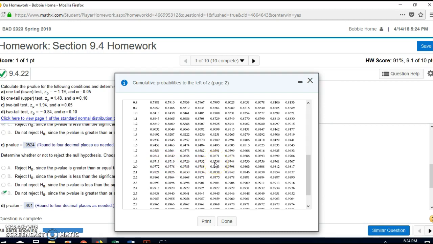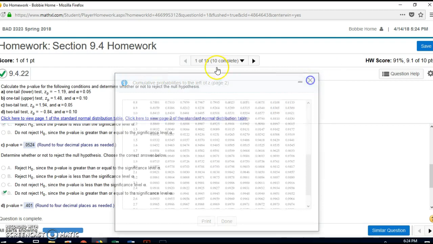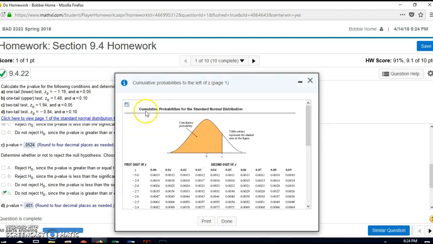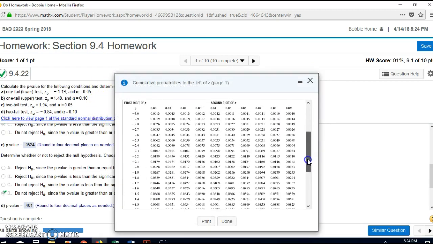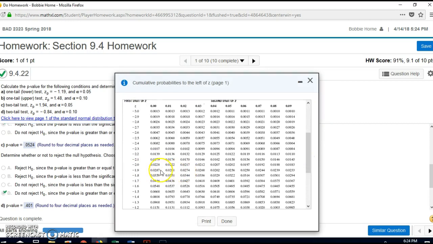So you would do 1 minus this, and then you would double it. Another way to do it, since it's a two-tail, is look up negative 1.94, 0, 1, 2, 3, 4, and take that value, 0.0262, and double that, and you can get 0.0524.